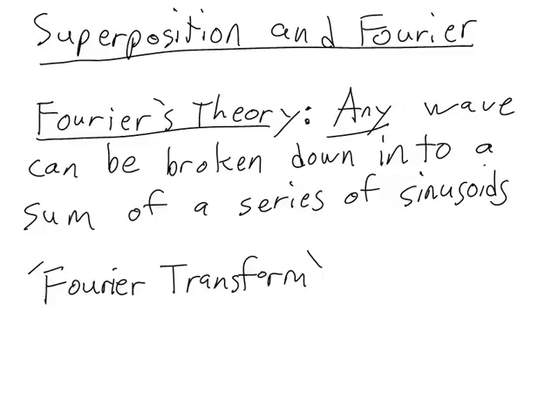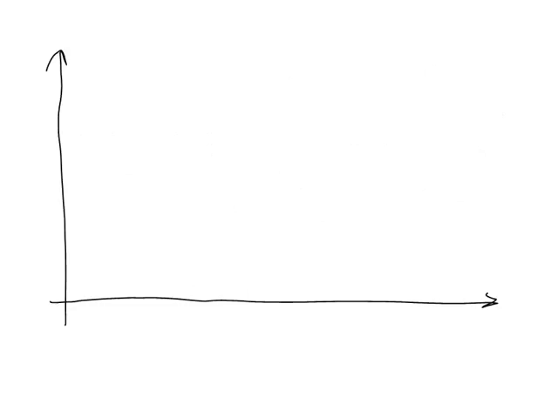The FFT, or fast Fourier transform, is a computationally efficient algorithm for figuring out what are the sinusoidal components of a complex wave. The output of a Fourier transform is a plot with frequency on the x-axis and amplitude on the y-axis.